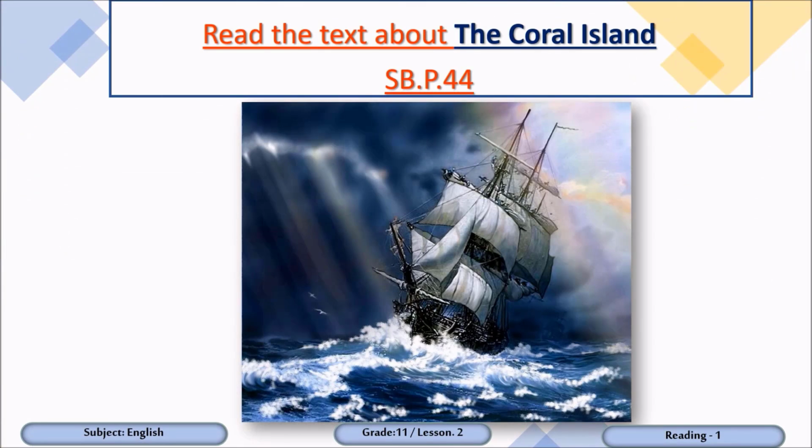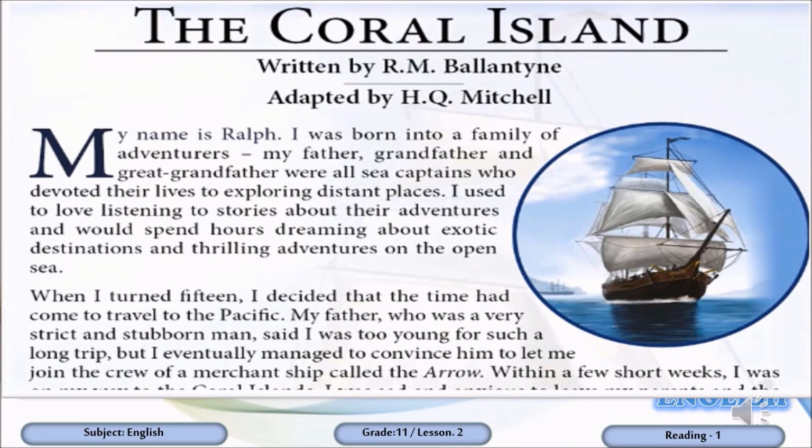Dear students, now it's time to read the text about the Coral Island. Students' Book, page 44. Dear students, after reading the extract from the Coral Island novel, now it's time to listen to the story from the narrator.